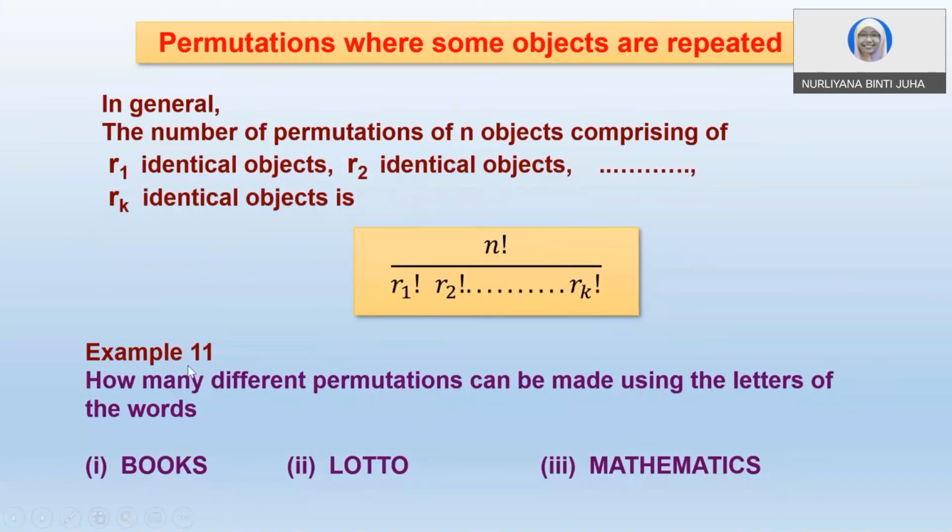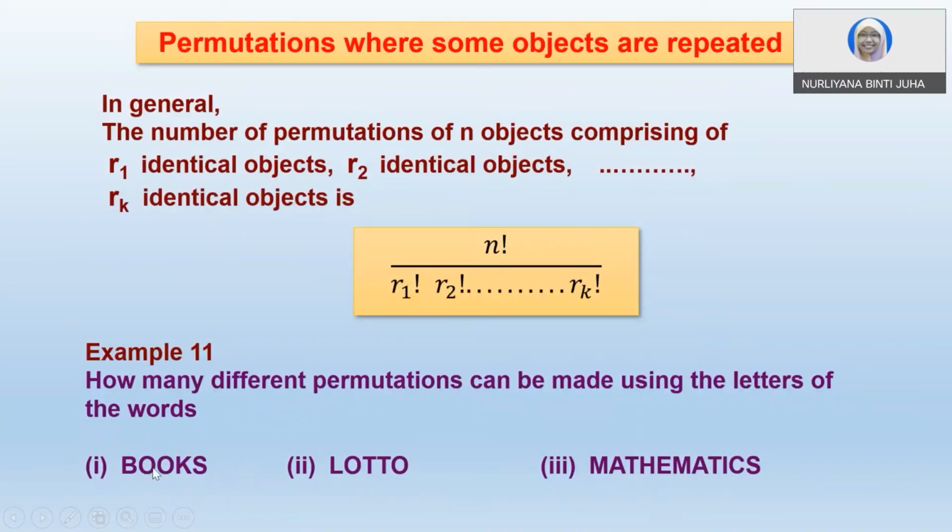Let's see example 11. How many different permutations can be made using the letters of the words books, lotto, and mathematics? So if you see over here, all these 3 words consist of repeated alphabet. Ada huruf yang berulang.